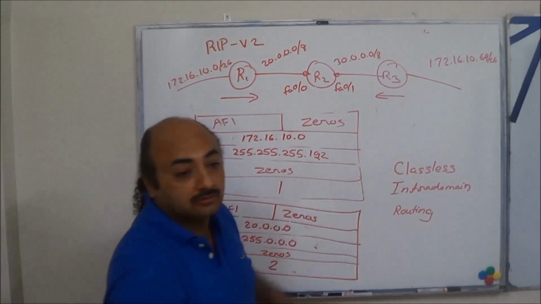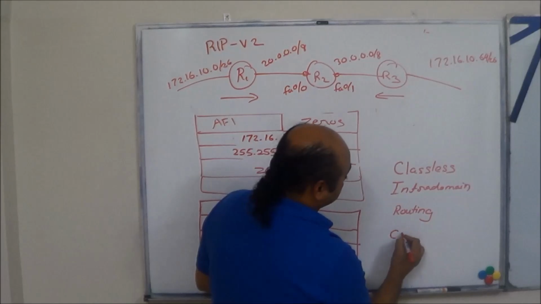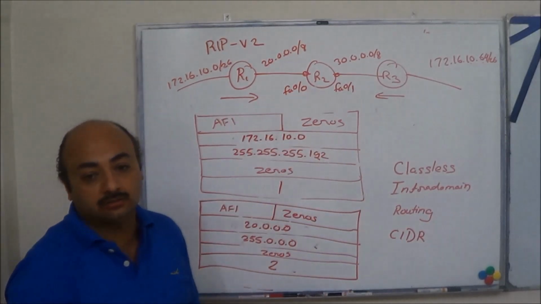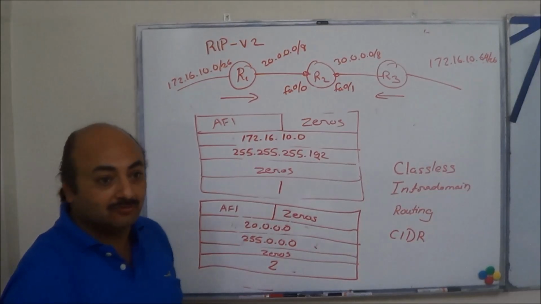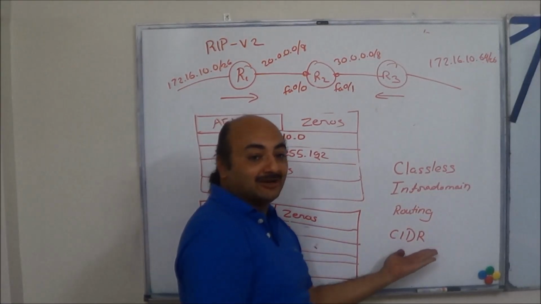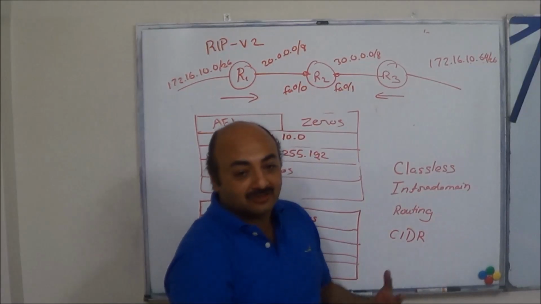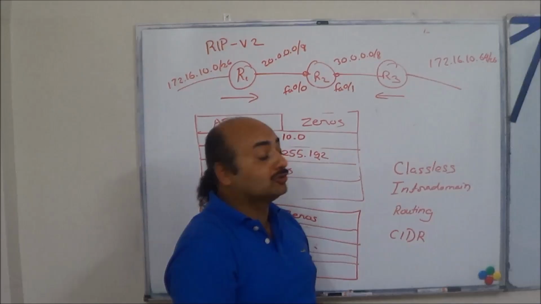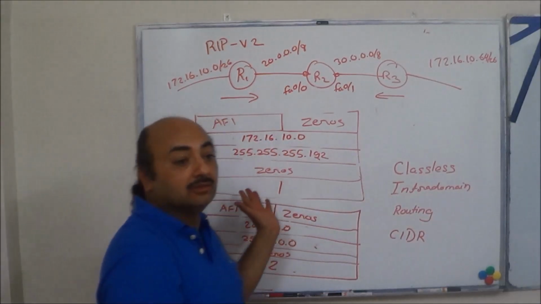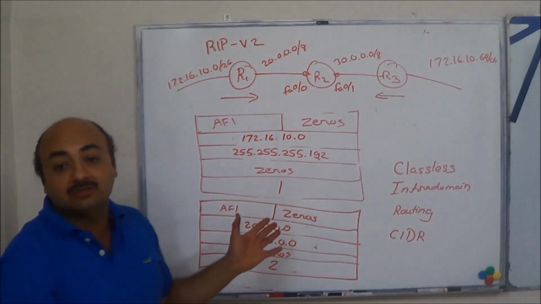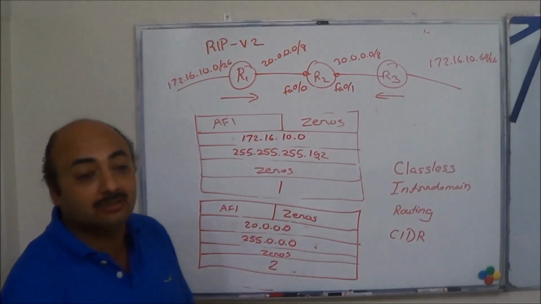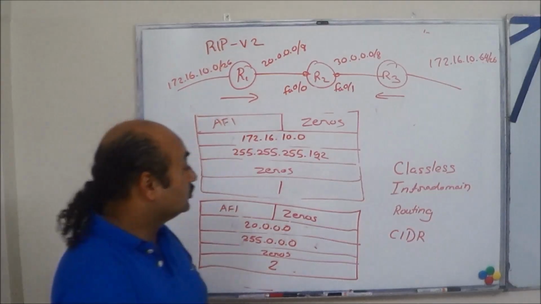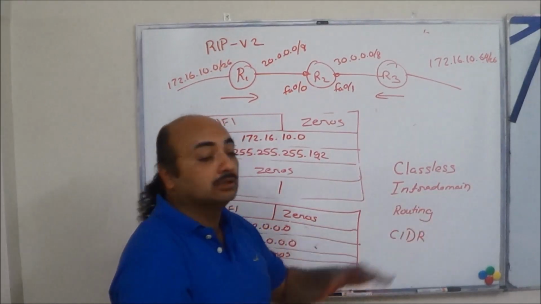But the short form is CIDR. We always use the term CIDR, and it is clearly said, classless inter-domain routing. I think it's most likely intra-domain routing. Intra means within the domain. Inter means outside, between two or more domains. So it's most likely classless inter-domain routing.